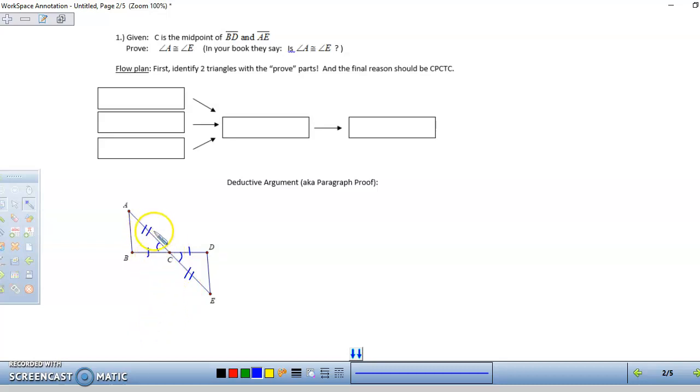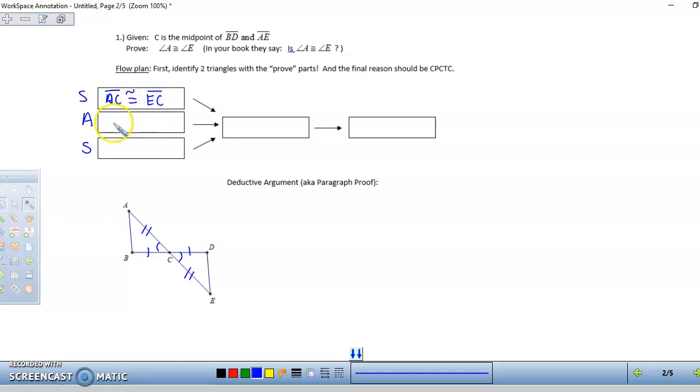Okay, so in this picture, we have side, angle, side for both of these. Now, you always need three parts. If this helps as well, you could rewrite the actual congruencies. So AC would be congruent to EC.